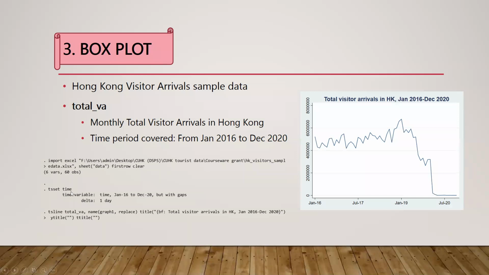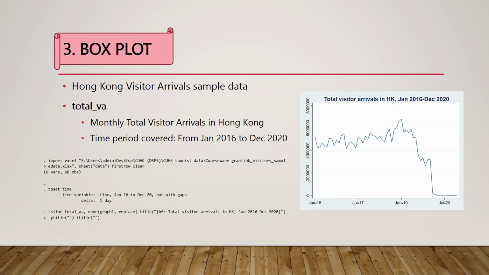Remember, our column A is called time, which is our months. And tsset is a command that is used to let Stata recognize your time variable. So here we are teaching Stata that our time is the variable that corresponds to the period of the time that we study.